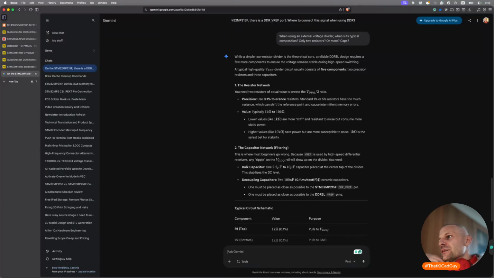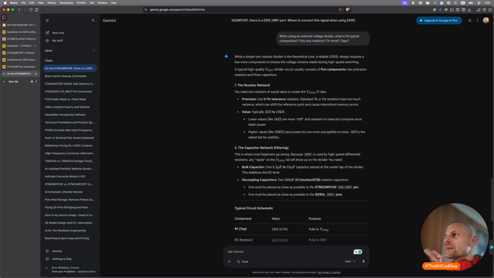Decoupling capacitors, 2 100 nano ceramic capacitors, one must be placed as close as possible to the MP215F. Okay. So yeah, naturally decoupling on the IC side and bulk cap on the divider.